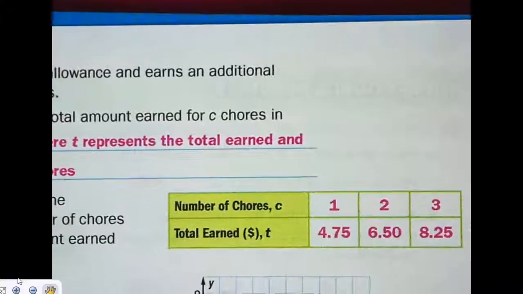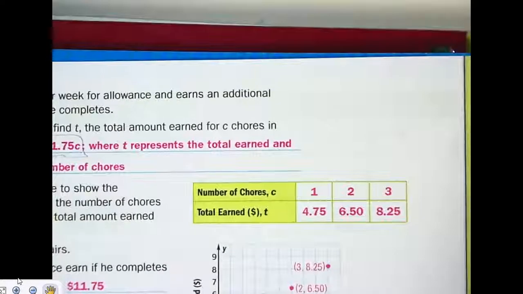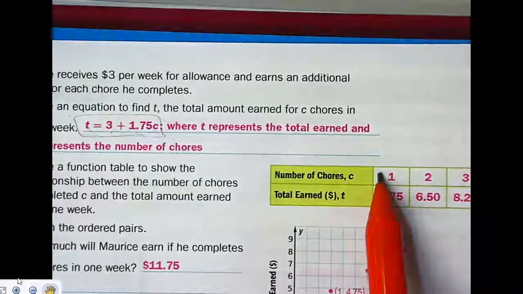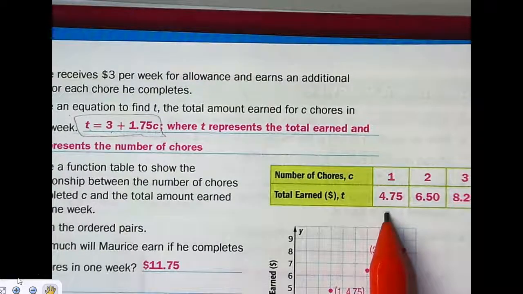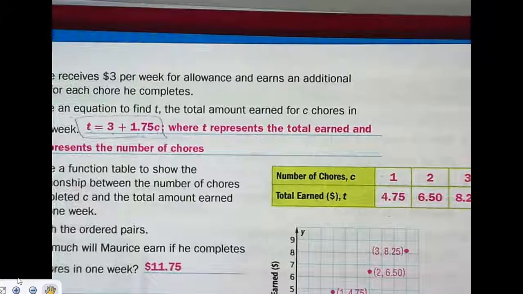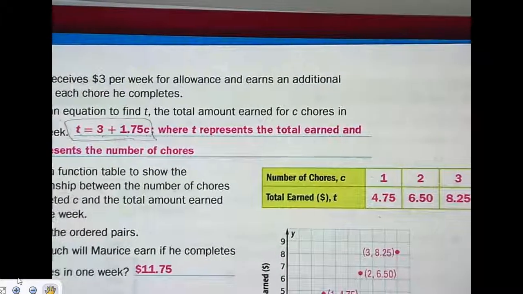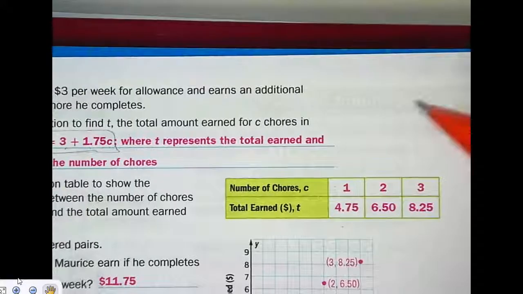So then for one, if he completes 1 chore, it's $3 plus $1.75. So 1 chore he earns $4.75. Lots of people should be filling this out.